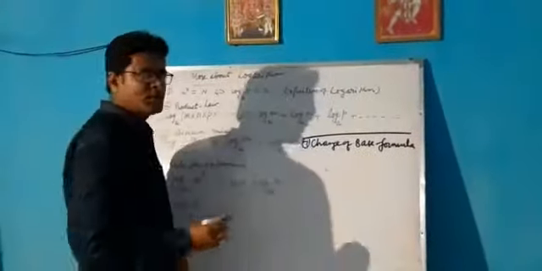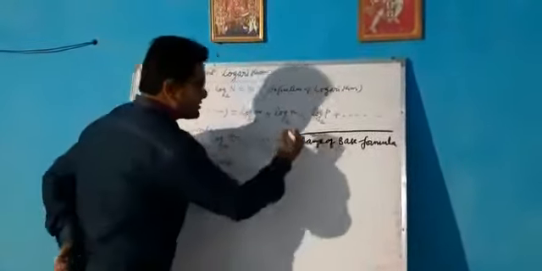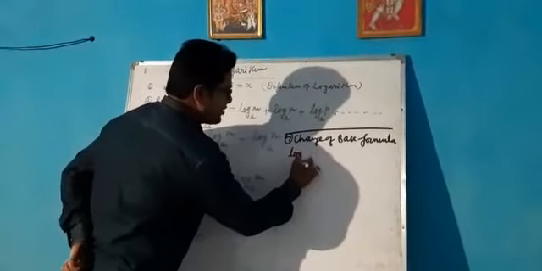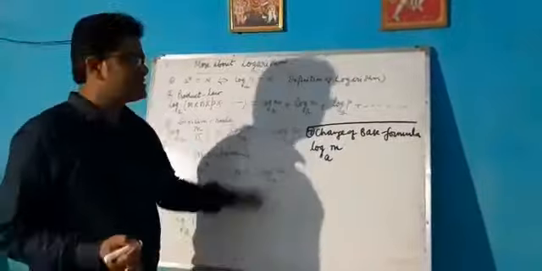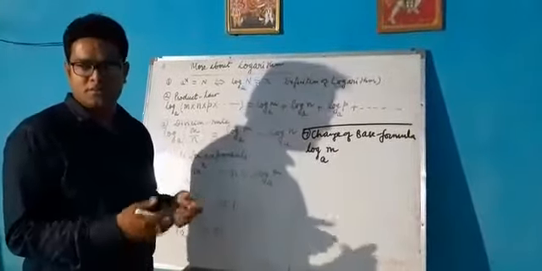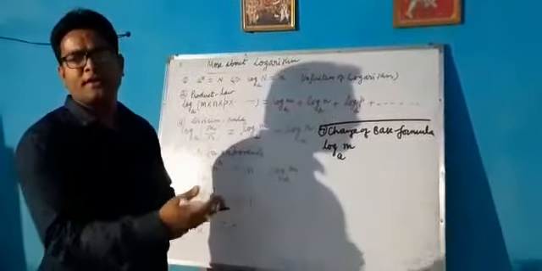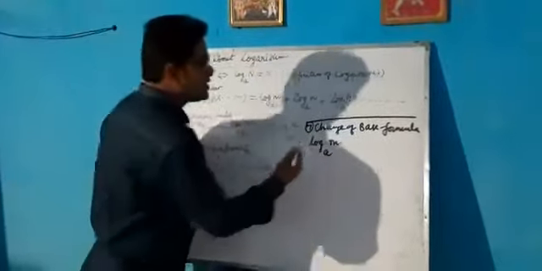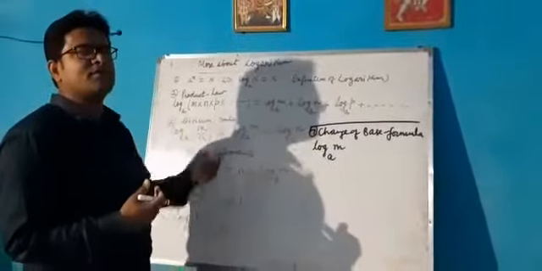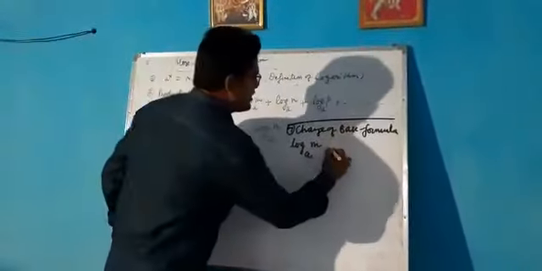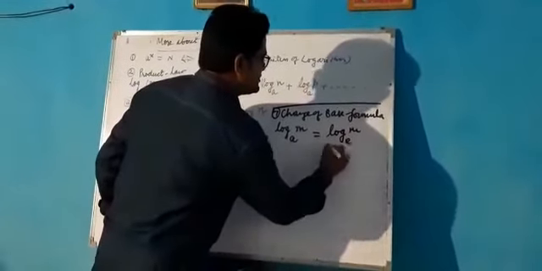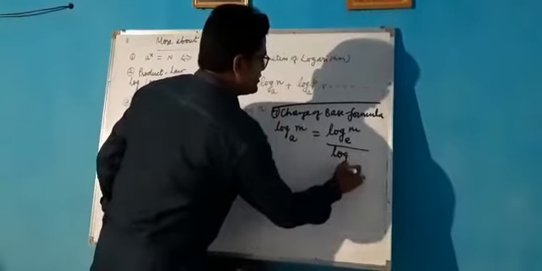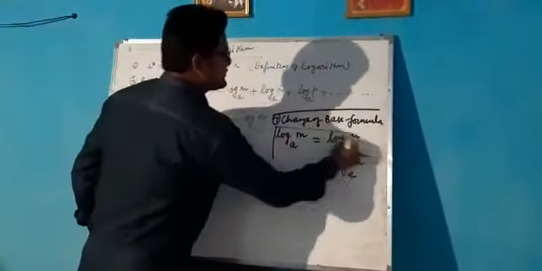This is the most important formula. Very easy also if you understand. Now I want to make it with base e, and it will generally be required in differentiating the functions. If I wish to make them of the base e, how will you make? I can make it as log m to the base e by log a to the base e. This is known as change of base formula.